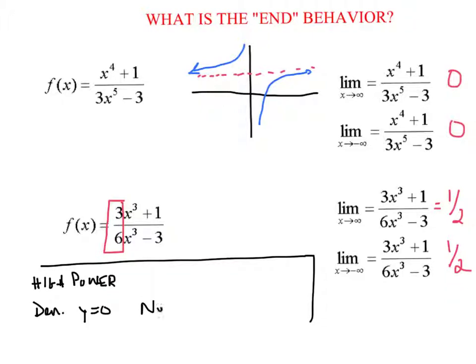In the numerator, there is none. And same power, you've got to do what we did up here, make a fraction out of the coefficients. And the nice thing is those asymptotes are the same as the limits. So one more time, if the highest power is in the denominator, like it was here, the limit is 0. If they had the same power, you just make a fraction out of those coefficients of the biggest power. And if the numerator had the highest power, then there is no limit.